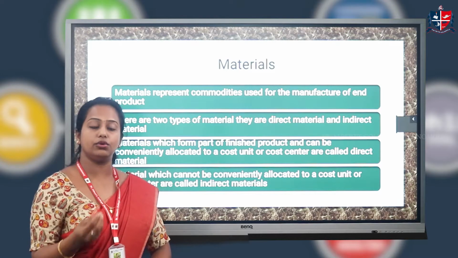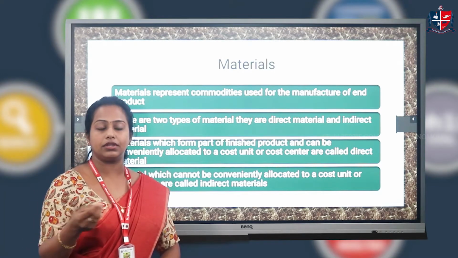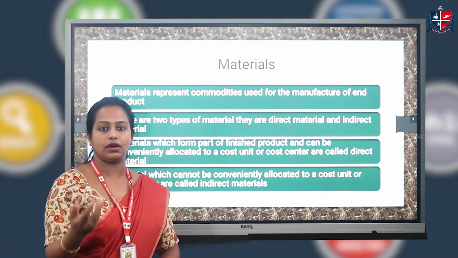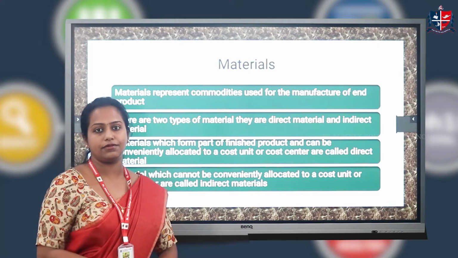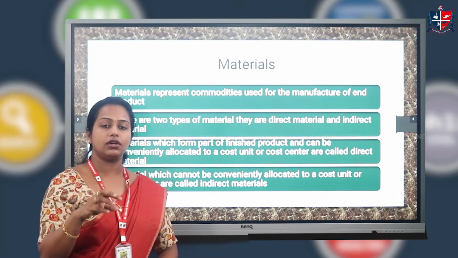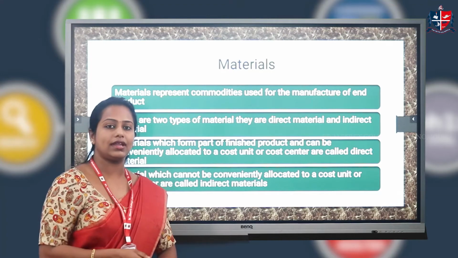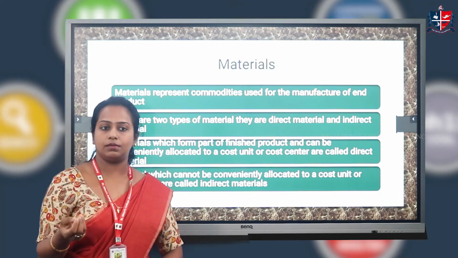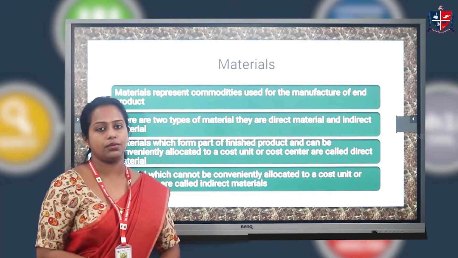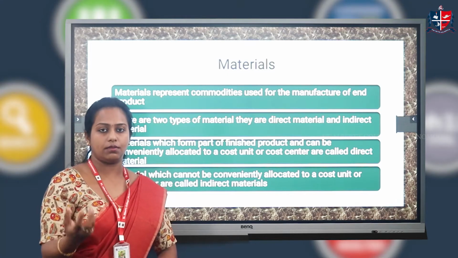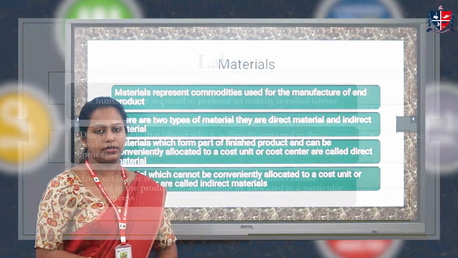For example, the lubricating oil, or the threads which we use while producing a particular product, or the nails in furniture. In furniture, the direct material is the timber, or the wood, and the gum or the nails that we use to make the furniture are the indirect materials.